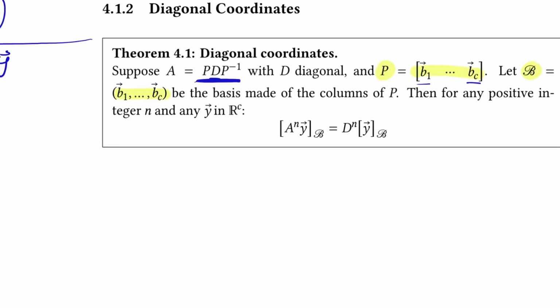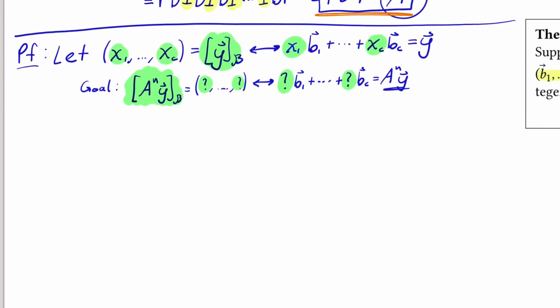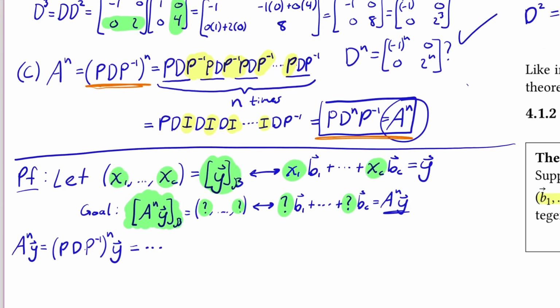Okay, so let's think about what A to the power n y is and see how we can write it this way. Well, instead of A to the power n, let's think of its diagonalization version: P times D times P inverse, to the power n, and then that times y. Well, we just saw previously, the same principle applies.